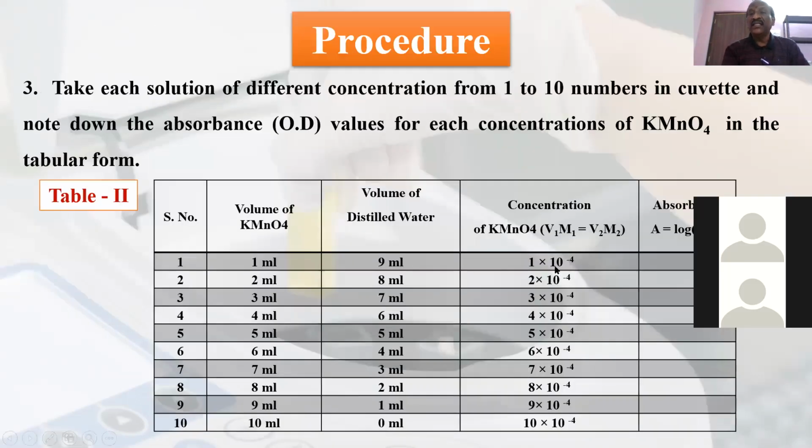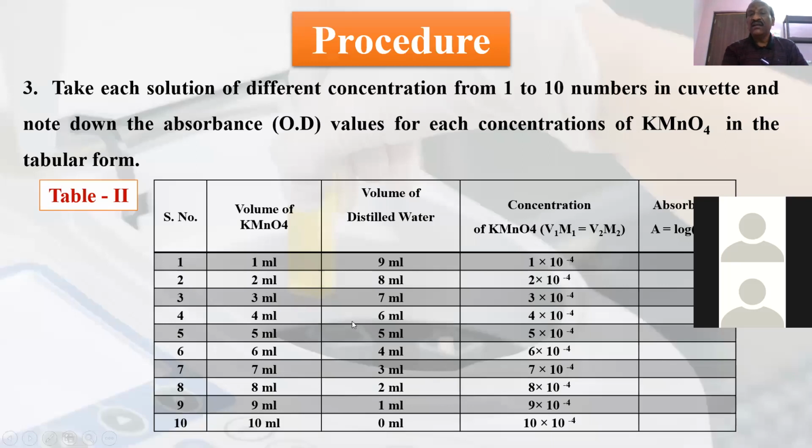By putting each solution in the slot, we will get its OD or absorption, and we will note down the OD values in this column. Then we plot the graph of OD versus concentration. On the y-axis we take the OD value, and on the x-axis we take the concentration.